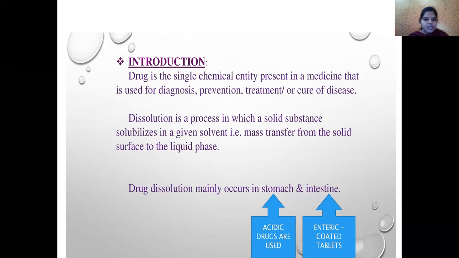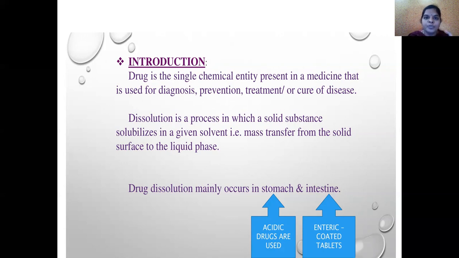You may all know this. Dissolution is a process in which a solid substance solubilizes in a given solvent, that is, mass transfer of solid from the surface to the liquid phase. The transfer of drug particles from the solid state to the liquid phase is known as dissolution.